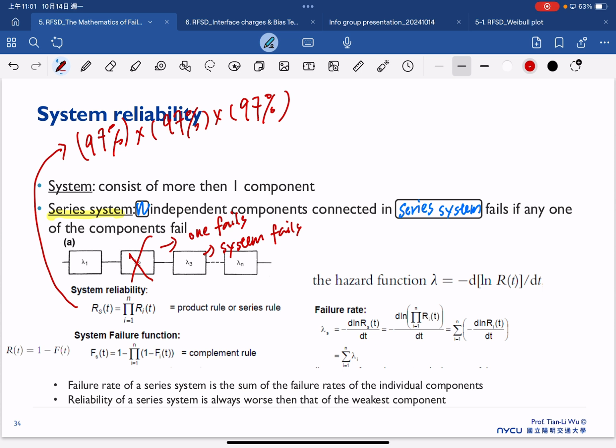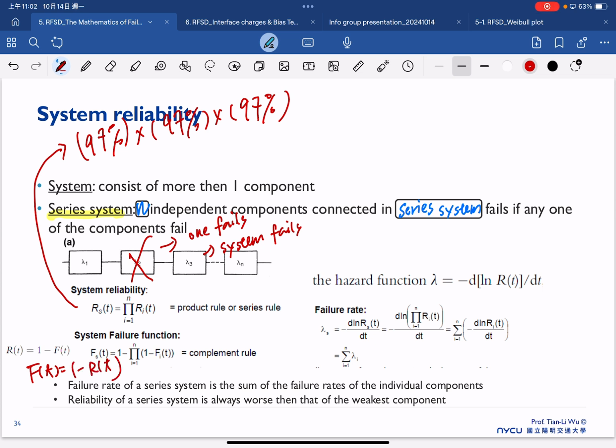The product of the 3 will be equal to the whole system reliability, and then the failure function, which is this one, will be 1 minus the reliability. So the failure function is equal to 1 minus R(t).